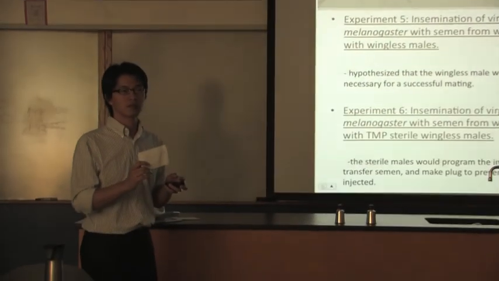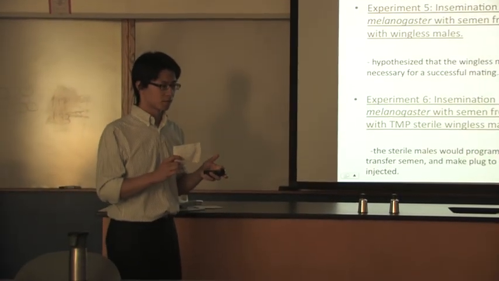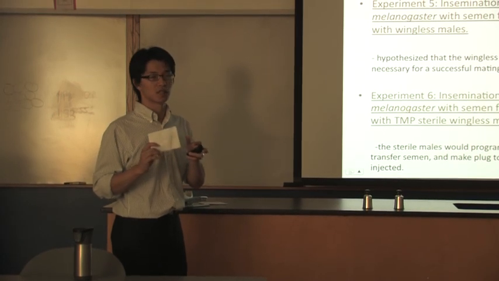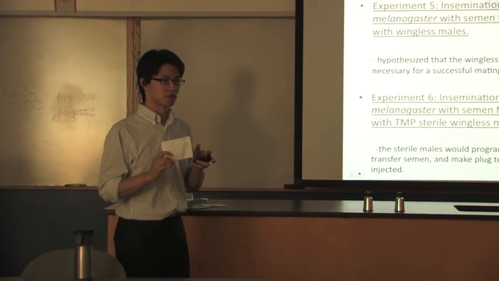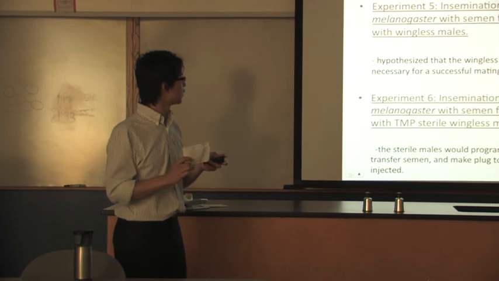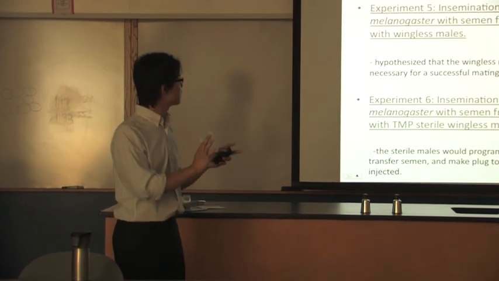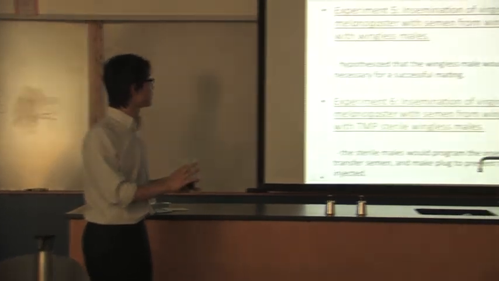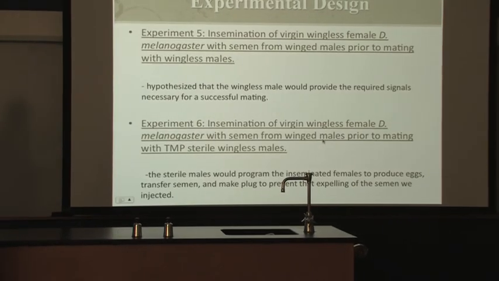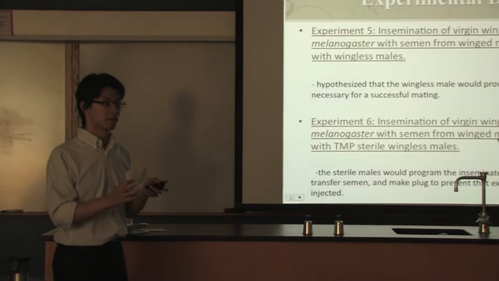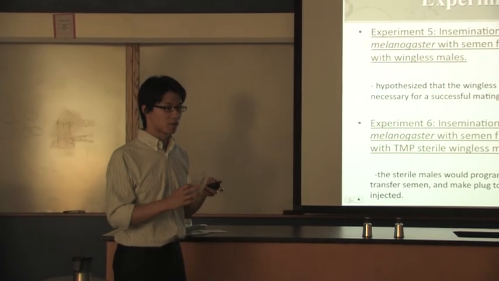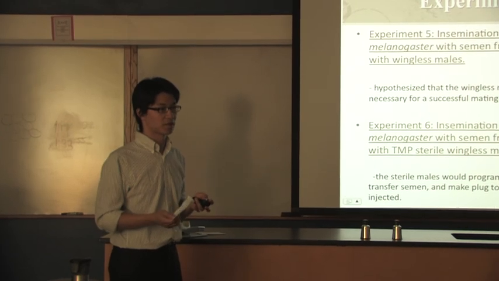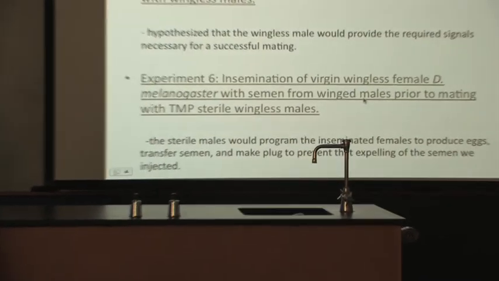Because the winged trait is dominant and the wingless trait is recessive, we hypothesize that the wingless male will provide the signal required for successful mating. Therefore, if we find winged flies among the progeny, we can get the successful result.